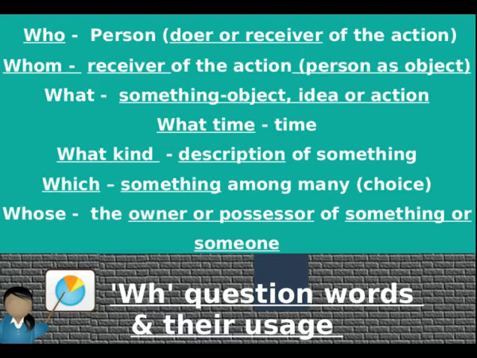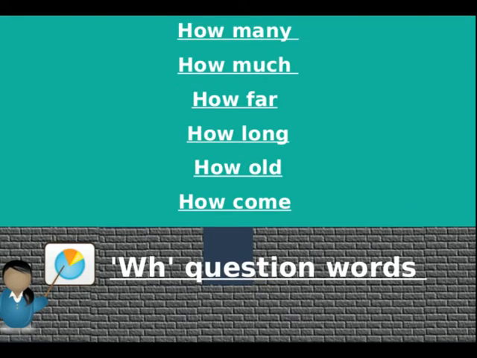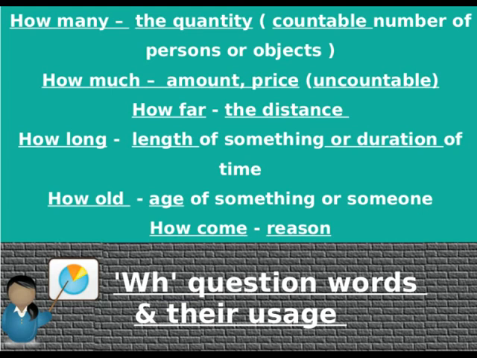How many, how much, how far, how long, how old, how come. How many for quantity, usually countable nouns. How much indicates amount or price, uncountable items or nouns. How far indicates distance.